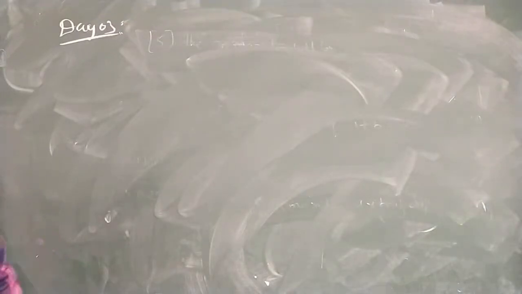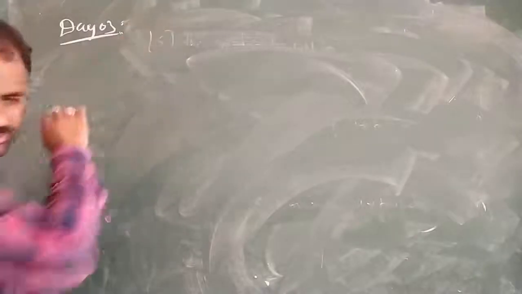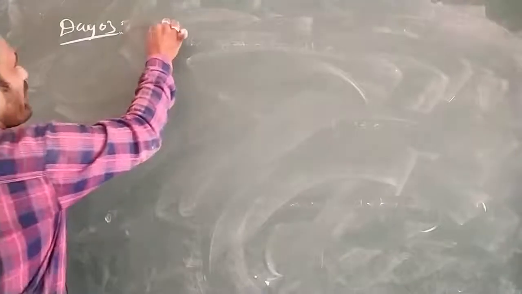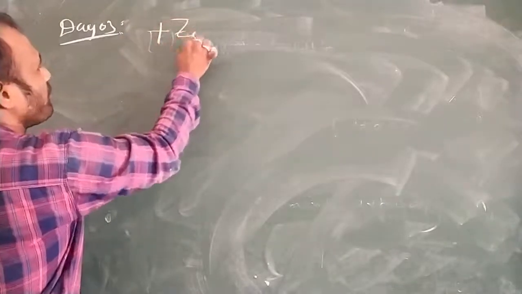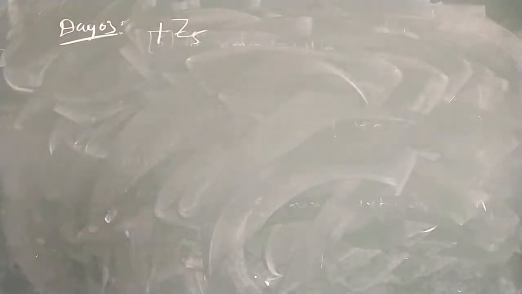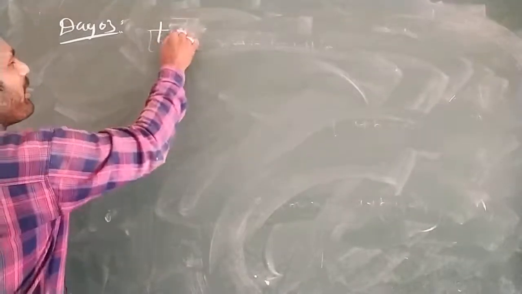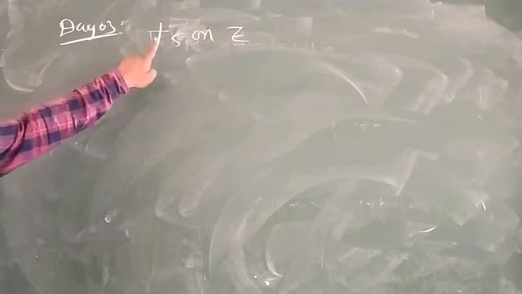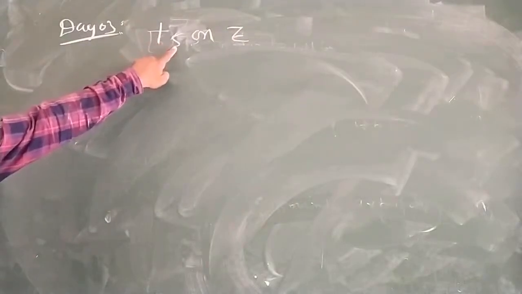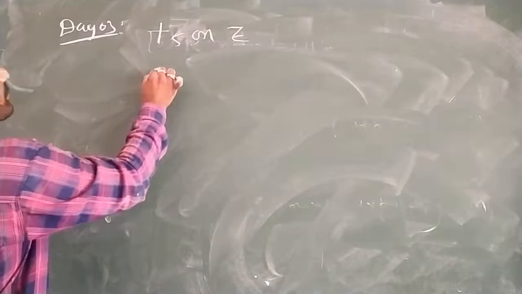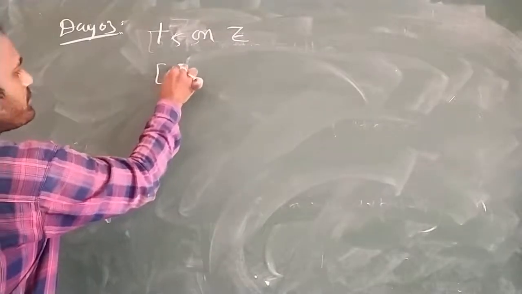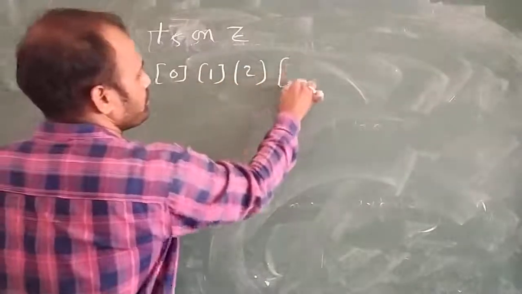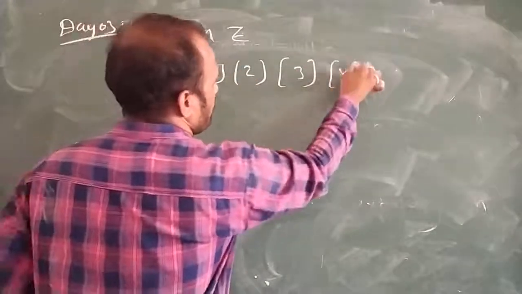Addition modulo 5. So we are taking addition modulo 5 on Z. Here modulo is 5, so we need to take only up to 4. So that is 0, 1, 2, 3 and 4 in the rows.